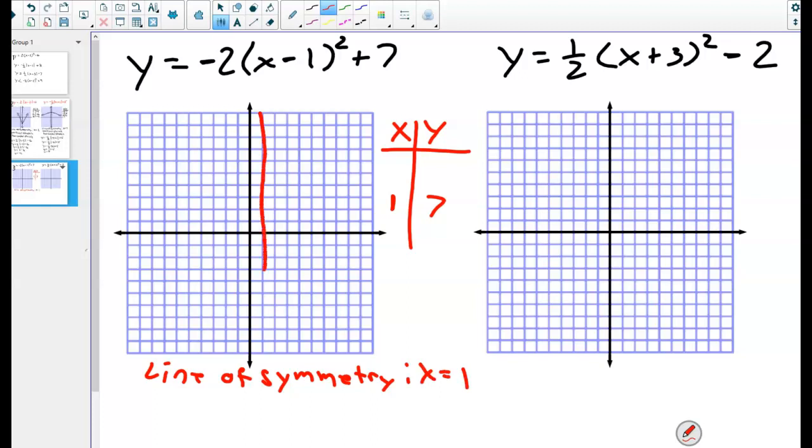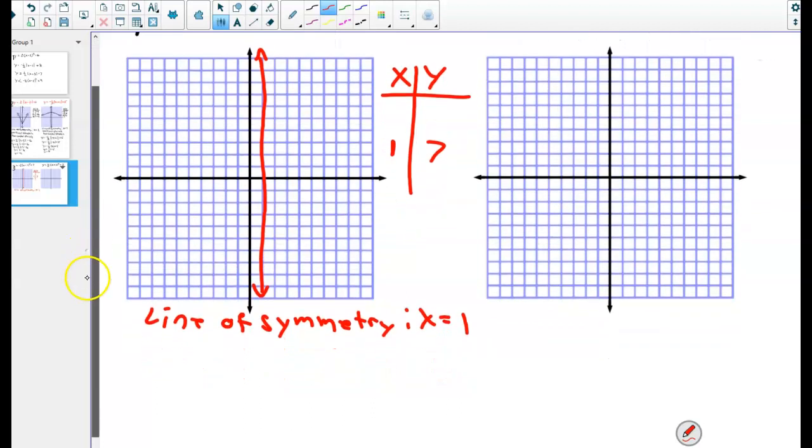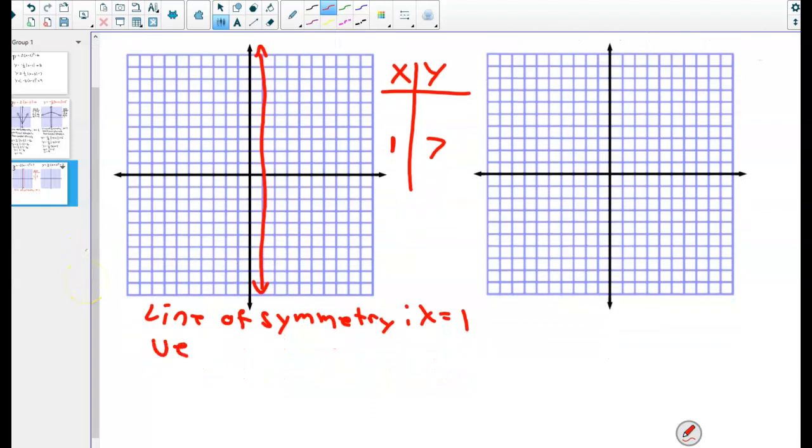It's always the x coordinate of the vertex. Okay. Now, I have a number whose absolute value is bigger than 1. Even though negative 2 is not bigger than 1, the absolute value of it is bigger than 1. So that refers to vertical stretch, horizontal shrink.